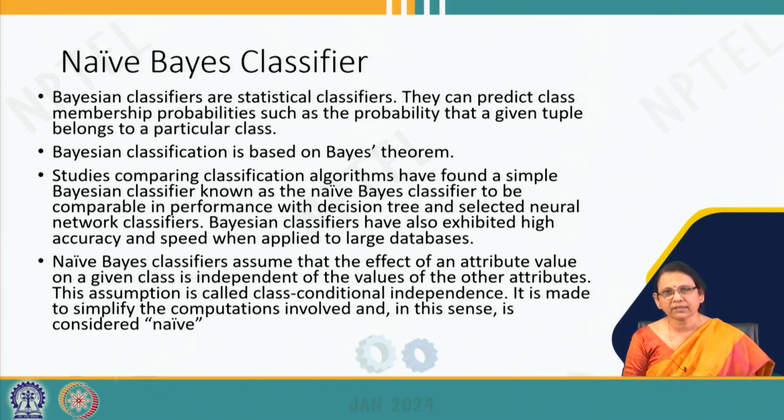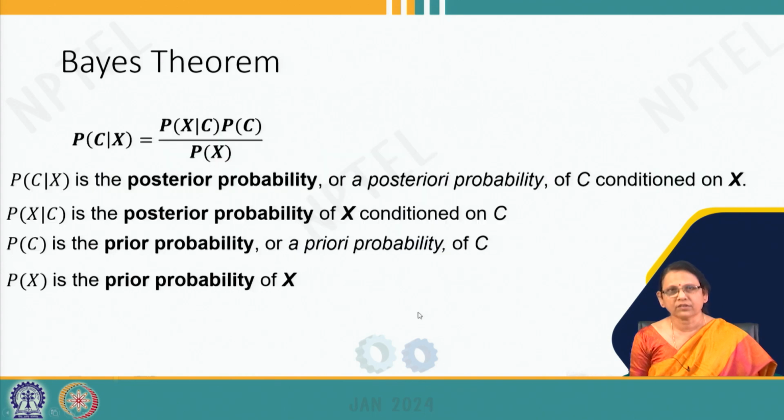Because of this class conditional independence the computations are simplified, and in this sense it is also called naive Bayes. As we go ahead, we are going to see what this class conditional independence is.